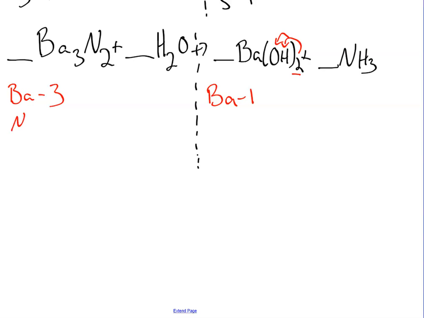In reactants, nitrogen, we have 2. In products, we have 1. Hydrogen, in reactants, we have 2. Products, we have 2. Because the 2 outside the parentheses multiplies that.